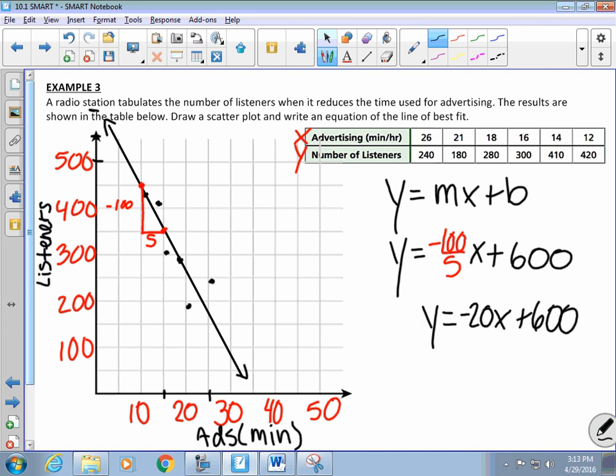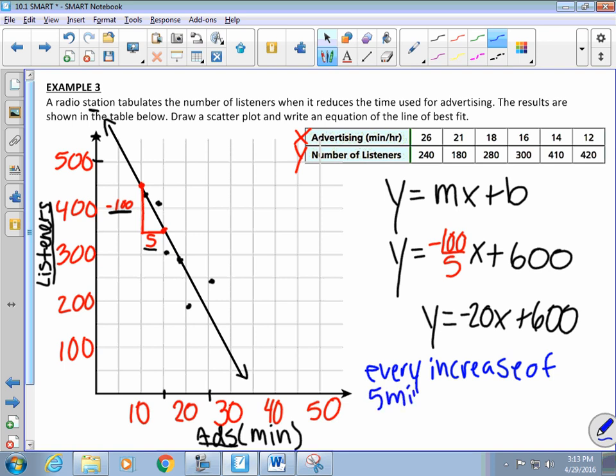Now, if I think about that, this negative 100 represents listeners. And that 5 that's positive represents the ads. And so what that's telling me is that every increase of 5 minutes in ads, listeners drop by 100 people.